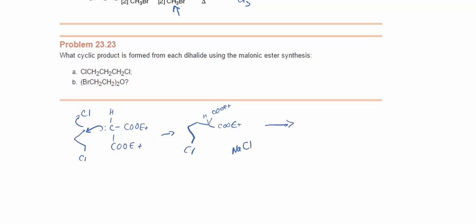So now, with some more ethoxide, we're going to remove this acidic proton here, and I'm just going to erase to save a little time and messiness. And so we form this as our new anion. So this is going to come after here and remove this chlorine. So let's count. We have 1, 2, 3, 4 carbons now that are going to join in a ring.